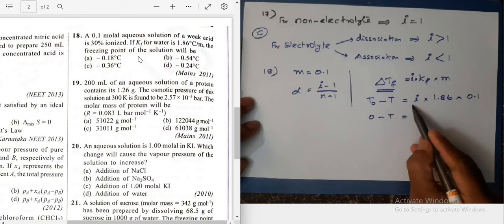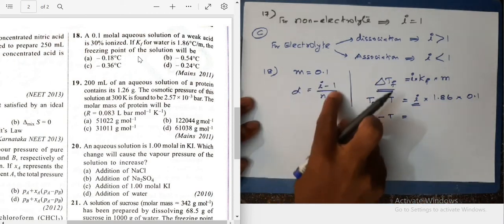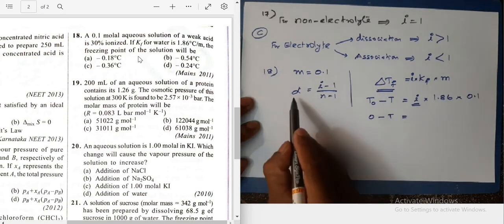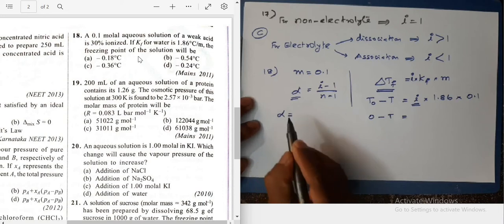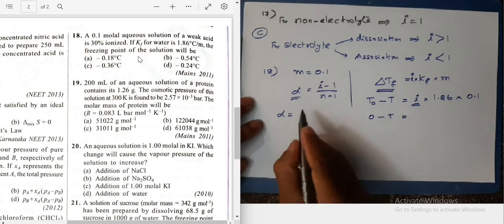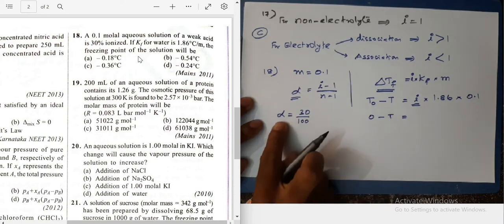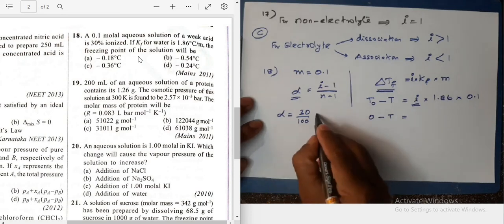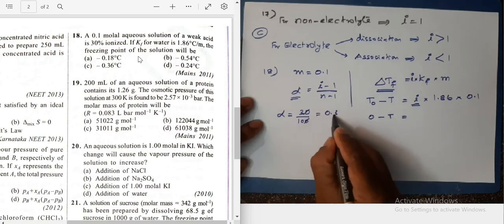Now we need to know what is i. To find i, you require this information. Alpha is given. What is alpha? Degree of dissociation. In the problem, it is given that the solution is 30% ionized. 30% means 30 by 100, so the degree of dissociation is 3 by 10, which is 0.3.